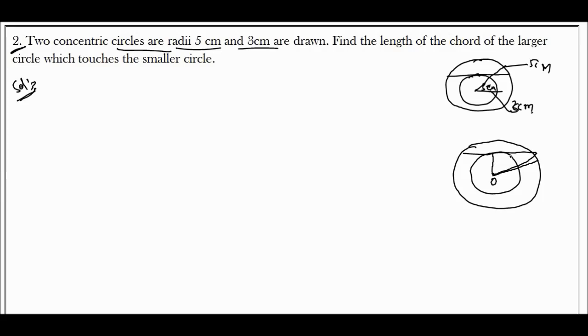So we need to find this chord value. The radius of the inner circle is 3 centimeters here, and this is 5 centimeters. So this is like the hypotenuse and this is like the base.